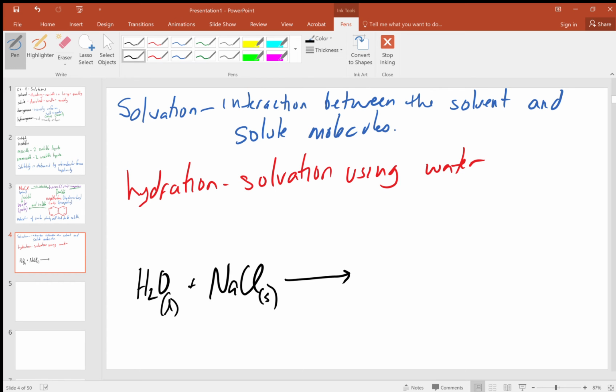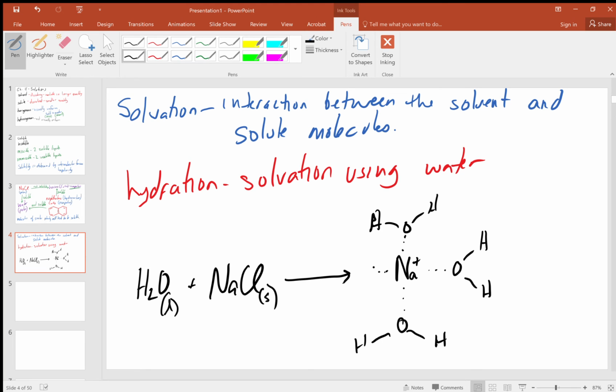We saw in the last chapter that the sodium ion, for example, can be attracted to the negative end of the water's dipole, the oxygen, and the opposite for the chloride ion. The negative chloride ion is attracted to the positive end of the dipole.